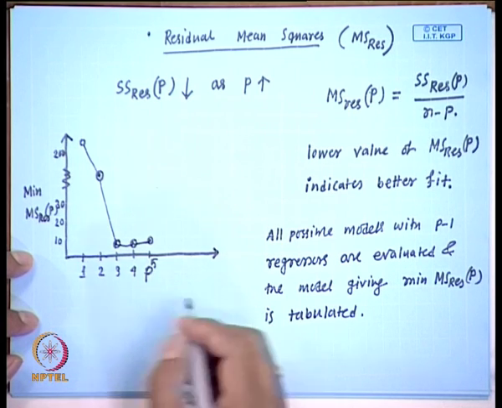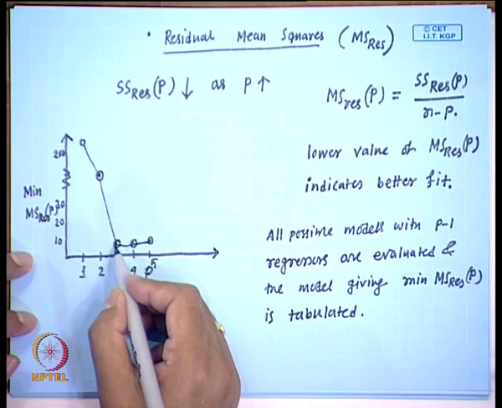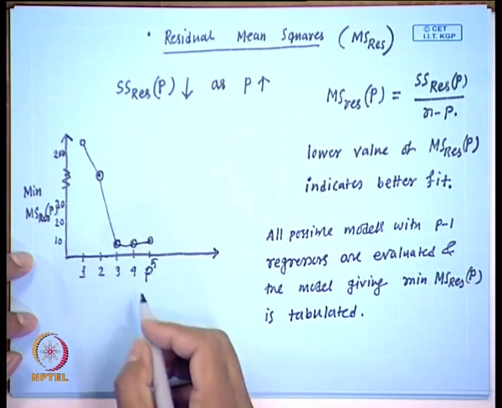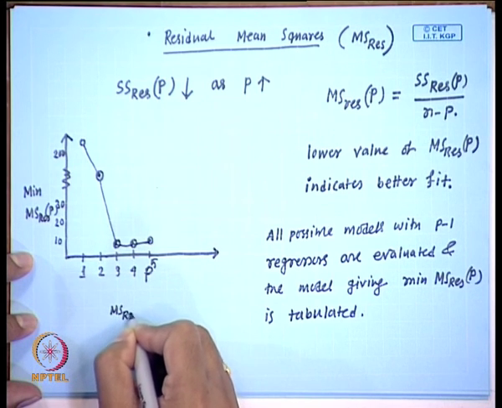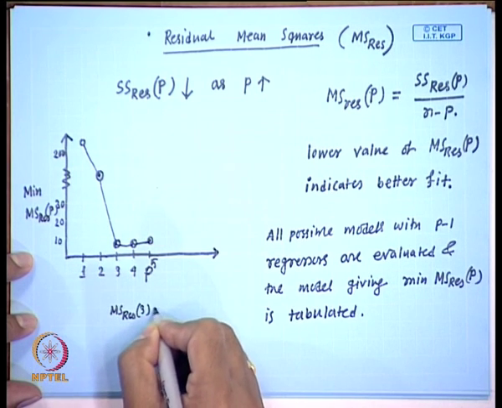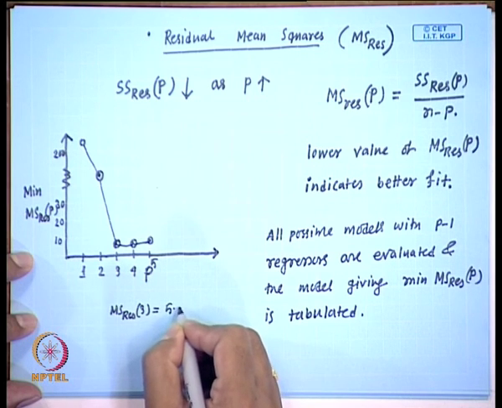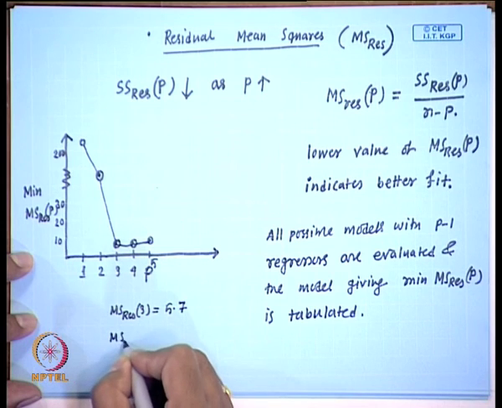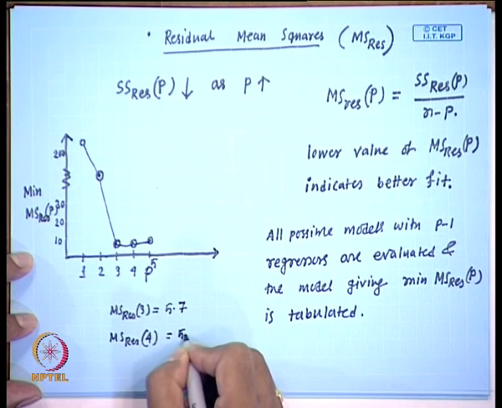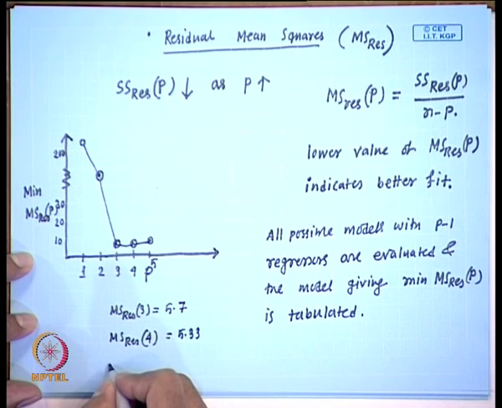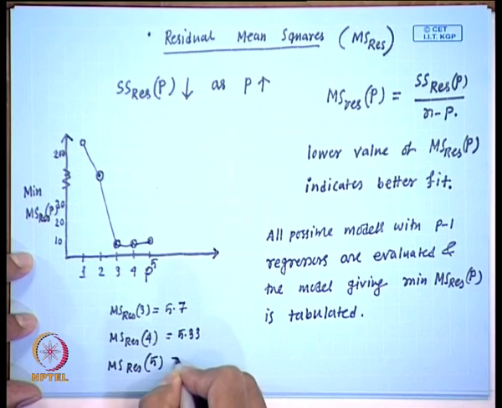Okay. So, what happened here is that this value is for MS residual 3 equal to 5.7, MS residual 4 for p equal to 4 it is 5.33 and MS residual 5 for p equal to 5 it is 5.98.